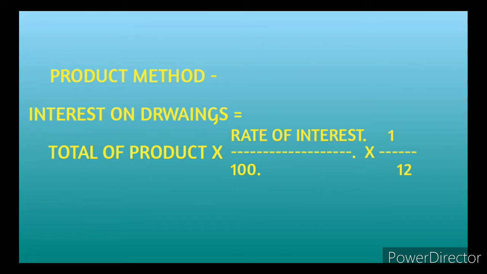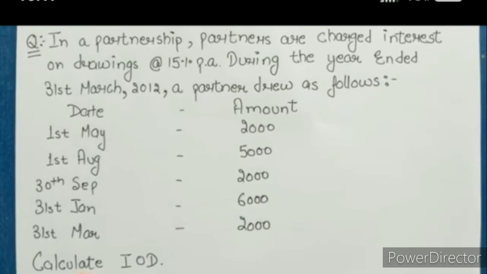Let's take one question to understand the product method or simple method of interest on drawings. In a partnership, partners are charged interest on drawings at the rate of 15% per annum during the year ended 31st March 2021. A partner withdraws as follows.